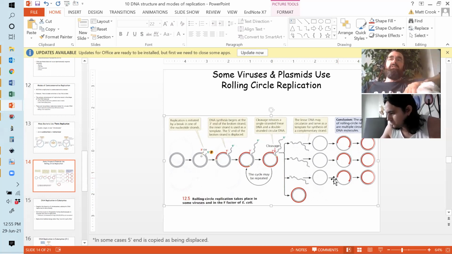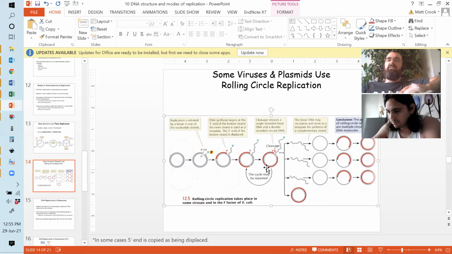And you can have tens or hundreds of these linear bits because you just keep going around and repeating the same process. These linear bits then have to all get circularized, but as soon as they do, they can serve as the template for the other strand. So the one at the bottom, Adam, is the original replicate.